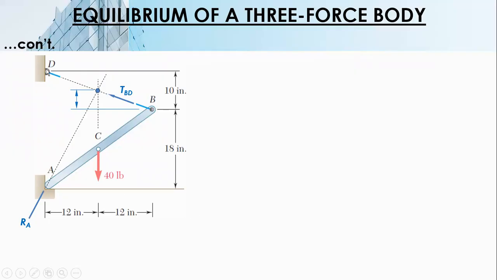So by symmetry, if this is 10, then with 12 and 12 this is 5 inches. So we can get the direction of RA since 5 plus 18 gives us 23 and 12. So we can solve for alpha: tangent alpha is 23 over 12, and alpha is 62.447. So alpha is done. Next.